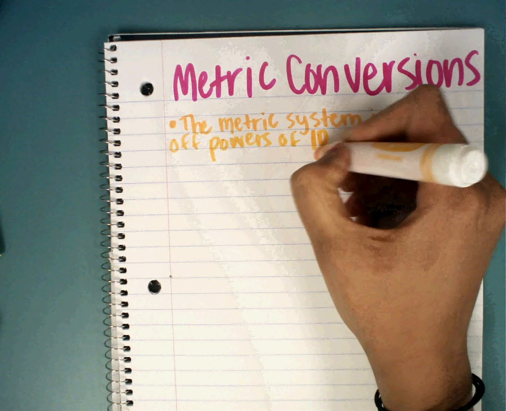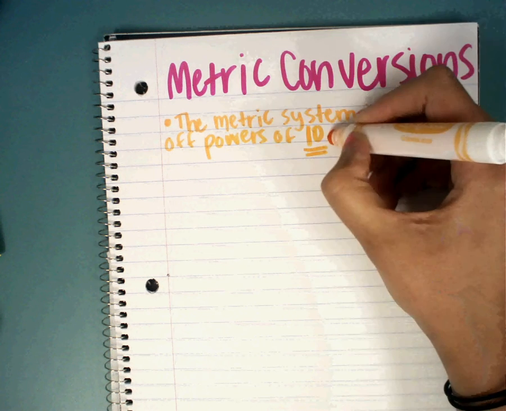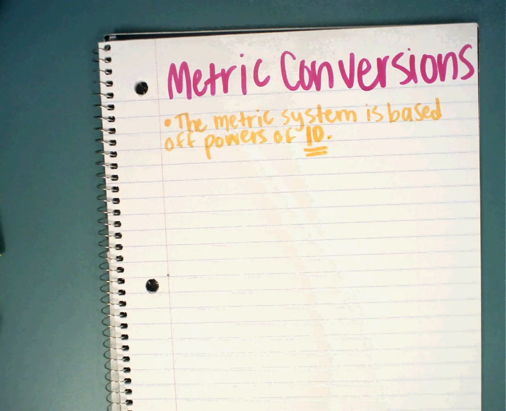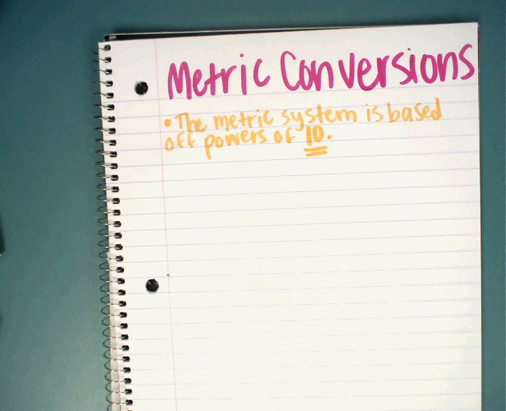Okay? That's really important because it makes things really, really easy for us. So if I have 4 meters and I want to know how many centimeters it is, all I have to do is multiply it times 100. 400. How easy is that? So everything has to do with 10, 100, 1,000, whatever.